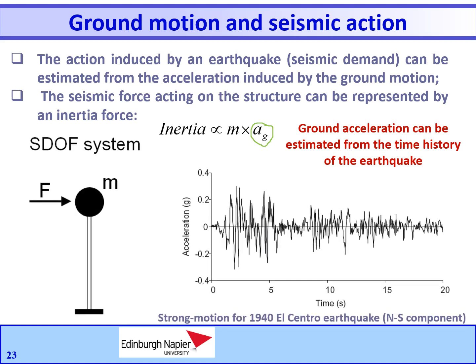So you can see how a time history acceleration would look like here for the strong motion for the 1940 El Centro earthquake, the north-south component, where we have the recording of the acceleration as a function of time.